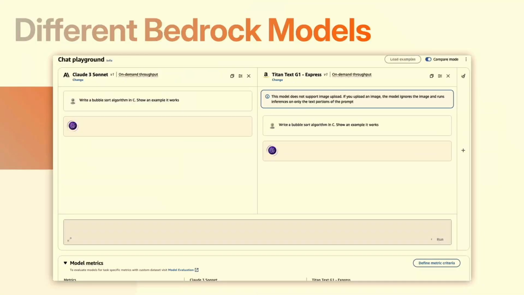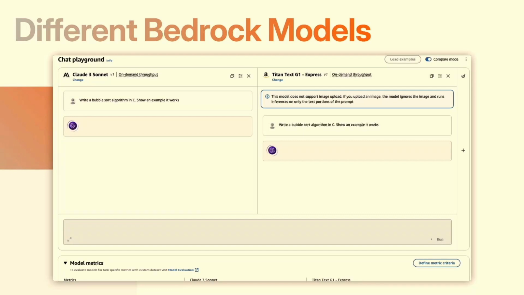So I started to play a little bit in the chat playground, and I asked two different models the same question, because I wanted to compare how they behave. On the left we have Claude 3 Sonnet, which is the most expensive one, but also the most complex, most advanced model. And on the right we have Titan by Amazon, as I said, not the smartest.